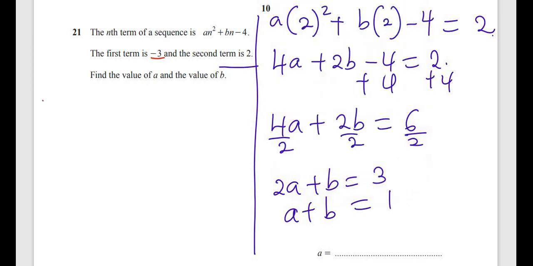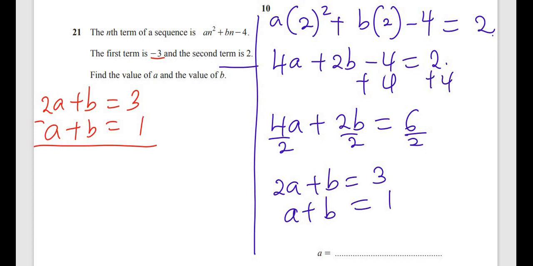So 2a plus b is equal to 3, and then a plus b is equal to 1. So we can solve by elimination. We can subtract the two equations. Once we subtract the two equations, 2a minus a is going to be a, and then b minus b is just 0. Then 3 minus 1 is 2.